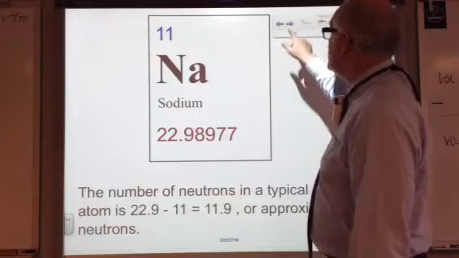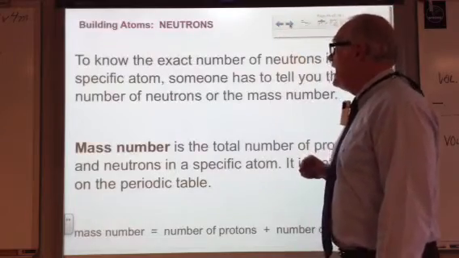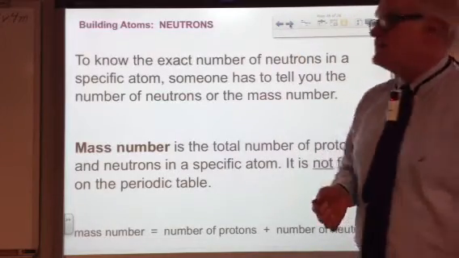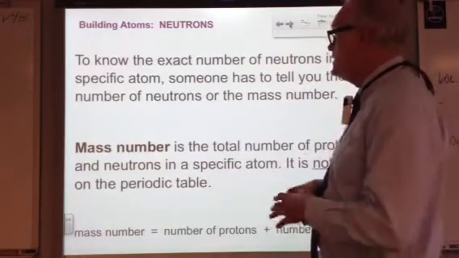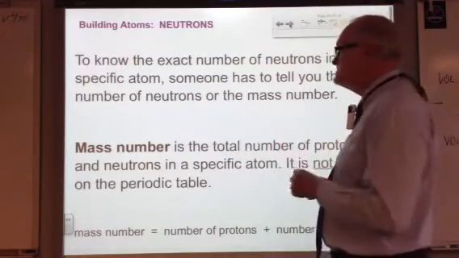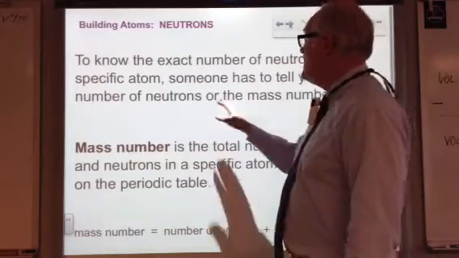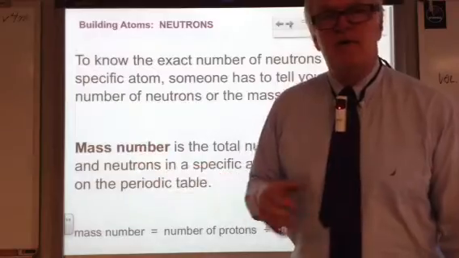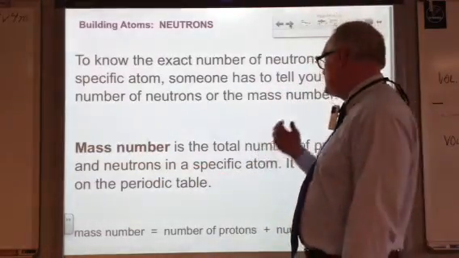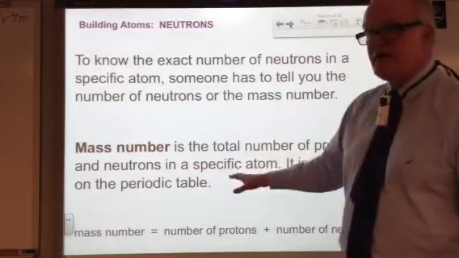Okay? So, if we want to know exactly the number of neutrons in an atom, somebody either has to tell us that, or has to measure it using expensive equipment, or we have to know the mass number. So the mass number is a number for a particular atom, a specific atom.